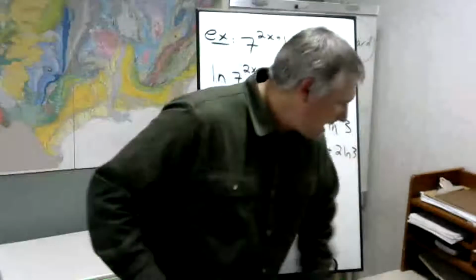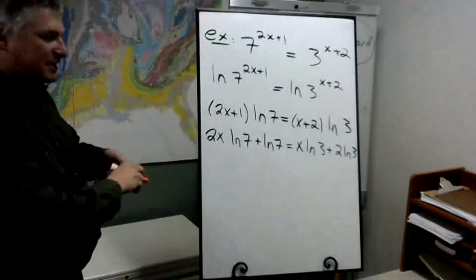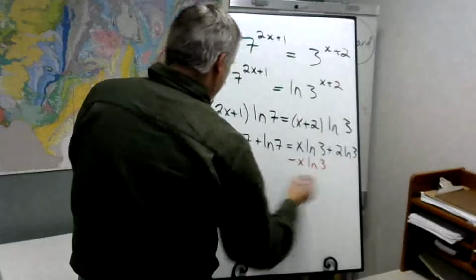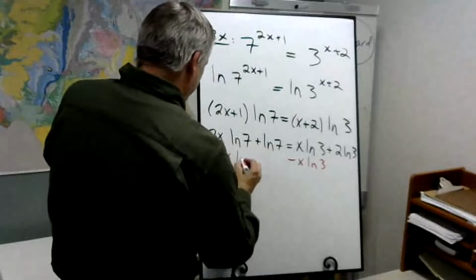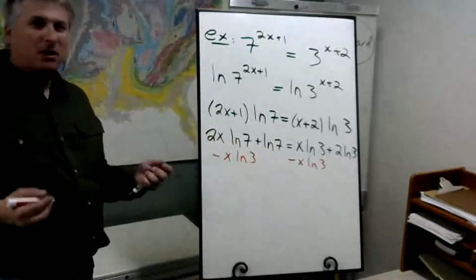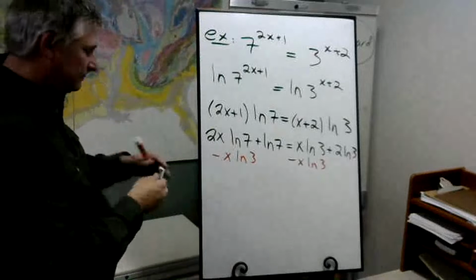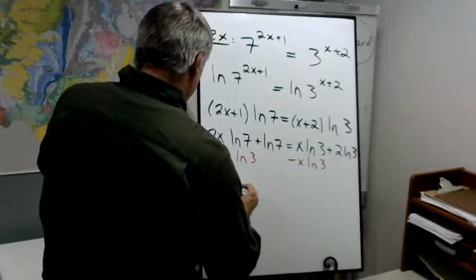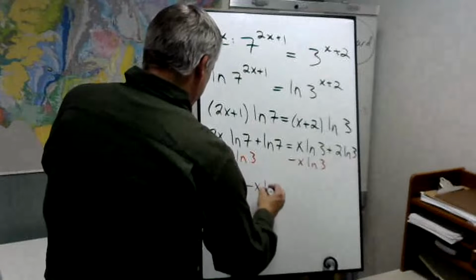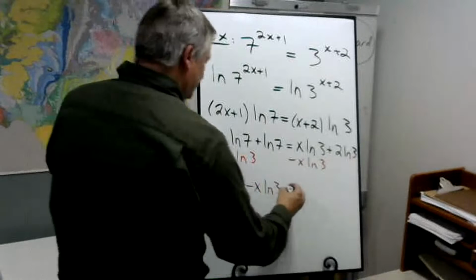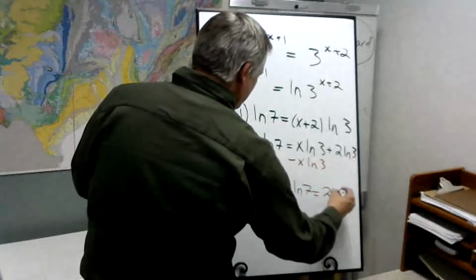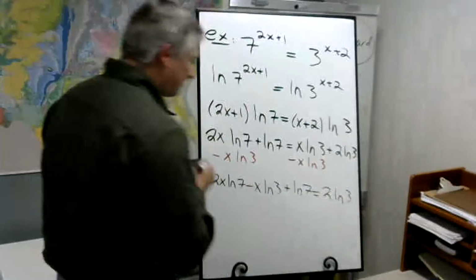And I'm going to subtract x natural log 3 from both sides. This puts all the x terms on one side. You have 2x natural log 7 minus x natural log 3 plus natural log 7 is 2 natural log 3.